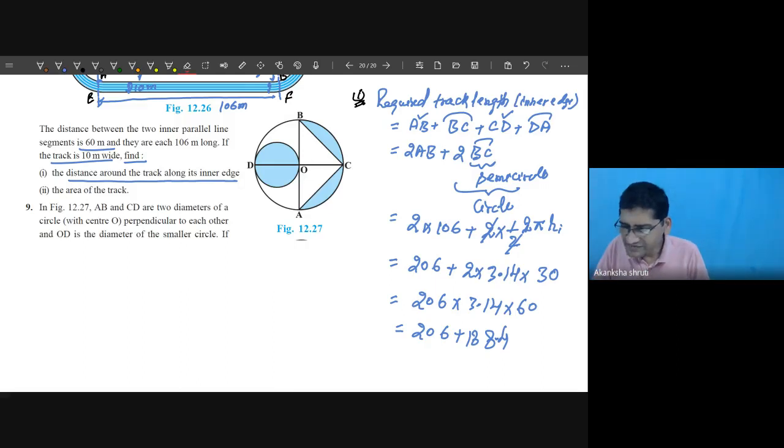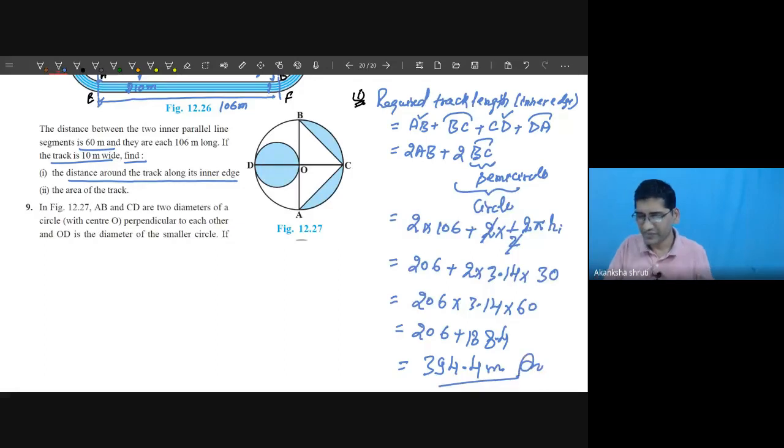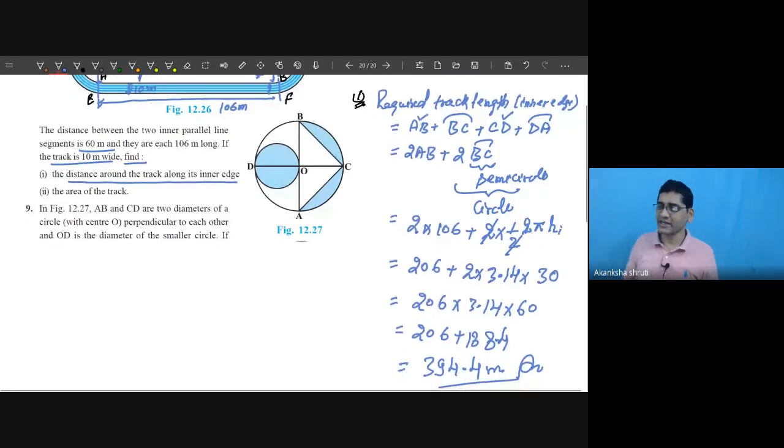It becomes 394.4. Error is there. 8 and 6 is 14. And then 8, 1, 9, 2, 1, 3. It's okay. The unit is meter. So this way you have to do the calculation. Calculations are also very convenient.